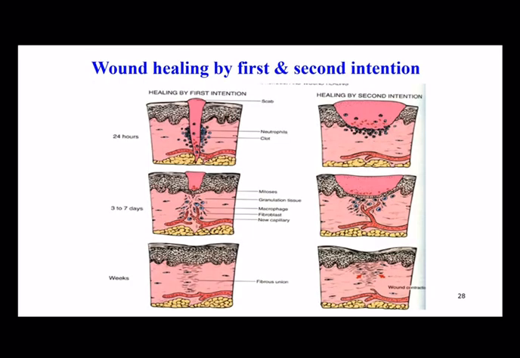Let's look at these pictures. Healing by first intention. The wound is regular and small, with mild inflammation and smaller granulation tissue and smaller scar. Healing by second intention. A large clot and scab formed in the surface of the wound.